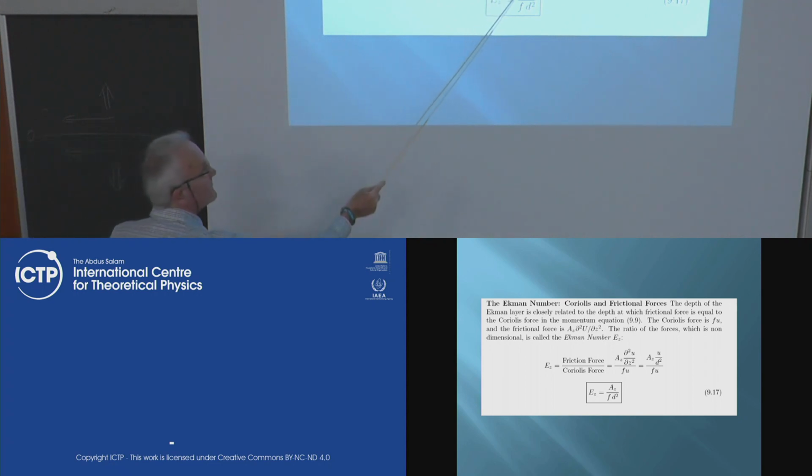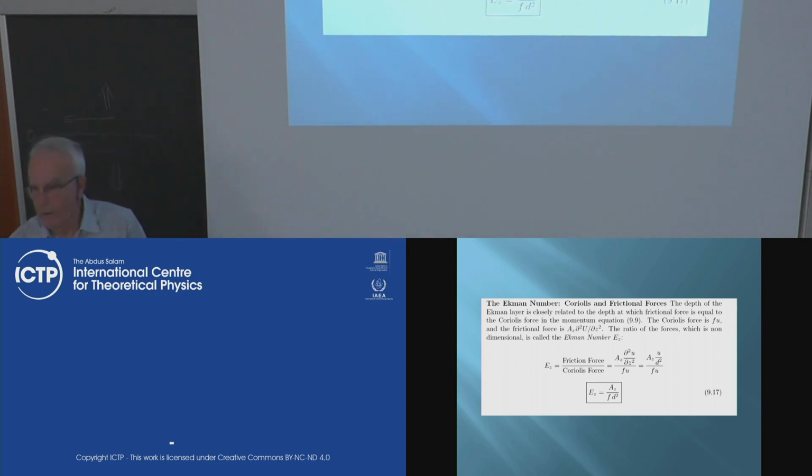If you take the ratio between these two, we get this, where A is the eddy viscosity constant, f is the Coriolis parameter, and D is the depth of the Ekman layer. So this is the Ekman number.